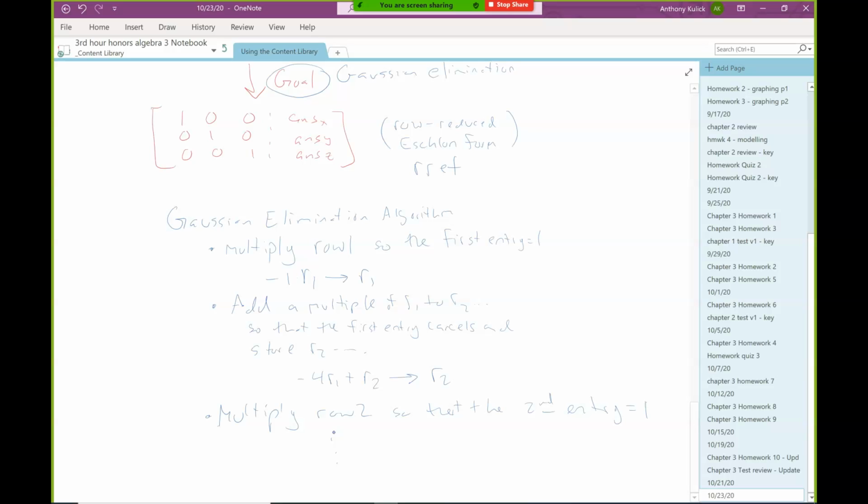Then we'll multiply that row 2 by some constant so that when we add it to row 1 and row 3, it cancels out the second entry, and we store those into their locations. And we keep doing this until we've done it for every row and every column, and what you're going to be left with is something that looks like this.